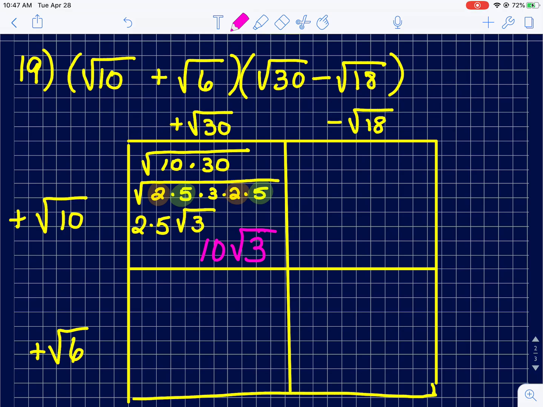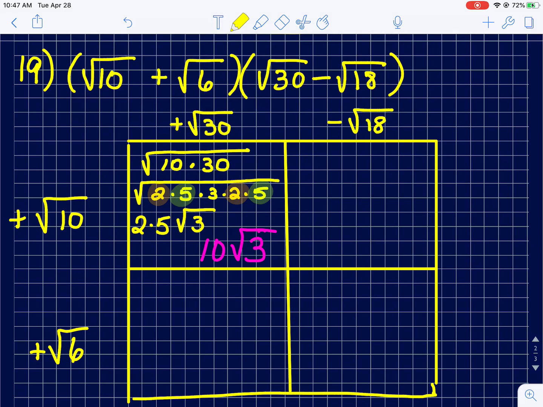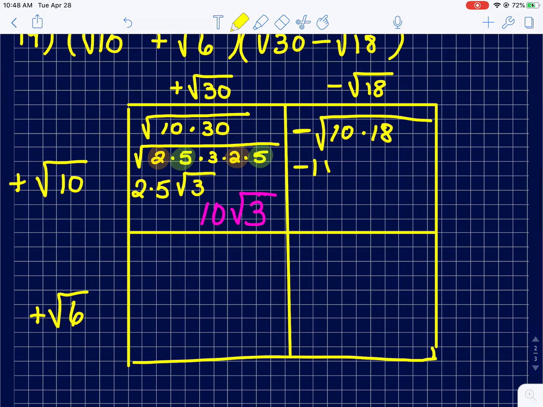Okay? All right, let's go to our upper right-hand box. So that's going to be positive times a negative. So outside of this is going to have a negative. On the inside, we have a 10 and 18. Now I'm going to make this a -1 just so you know that's a -1 on the outside. So 10 is 2 times 5. 18 is 3 times 3 times 2.